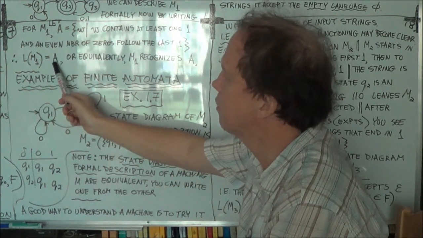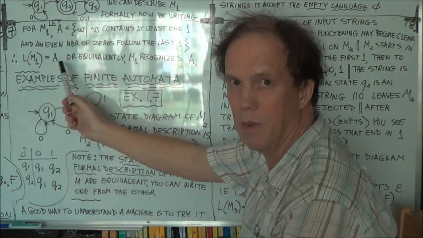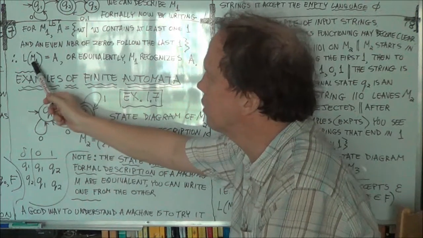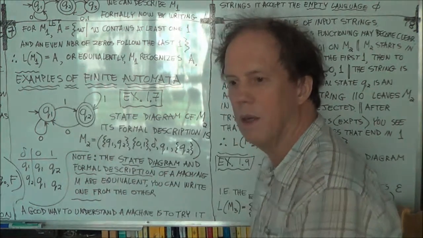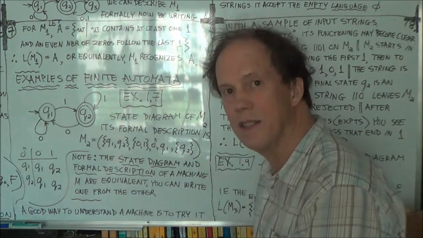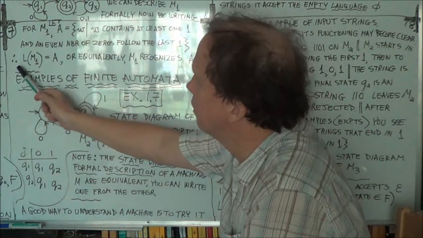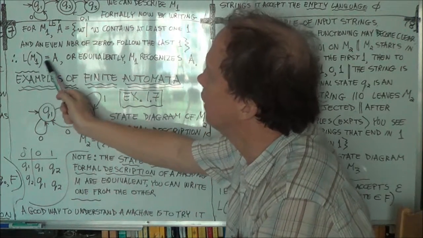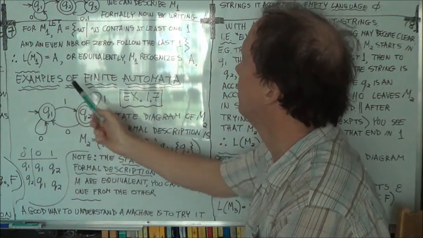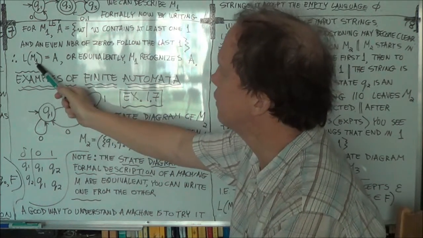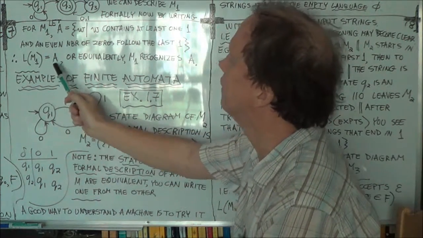So we want a description of what A is. What's its function? What language does this automaton M1 recognize? We want something of the form L of M1 is A, but what is A? M1 is recognizing A, if you like.